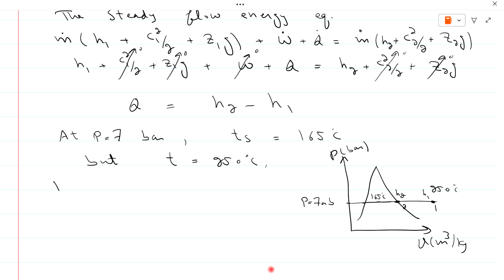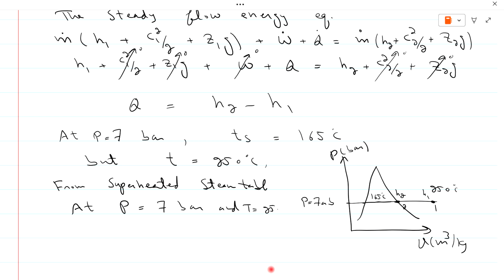So from the superheated steam table, at pressure equal to 7 bar and temperature equal to 250 degrees centigrade, enthalpy H1 is equal to 2955 kilojoule per kg.